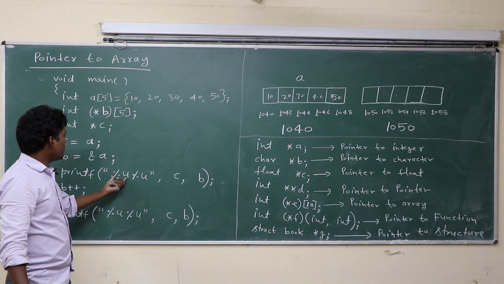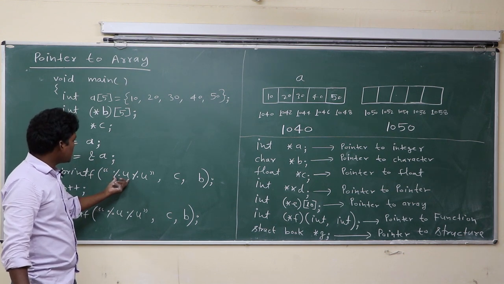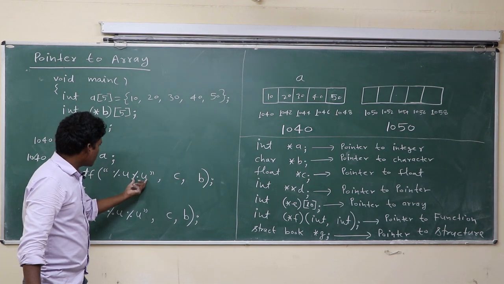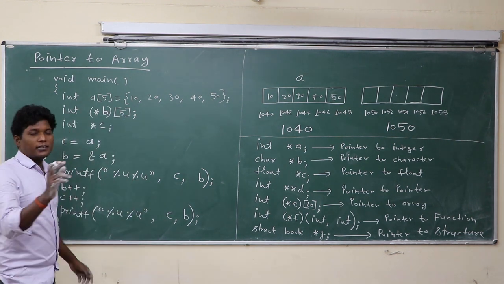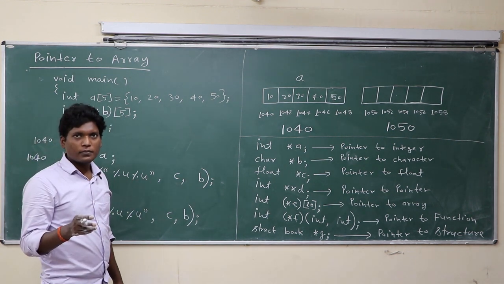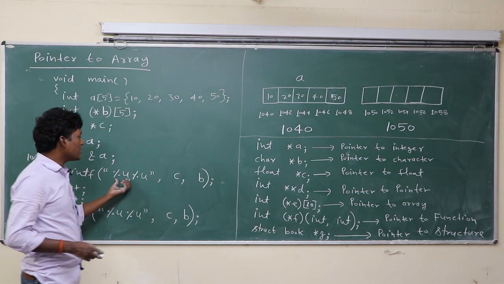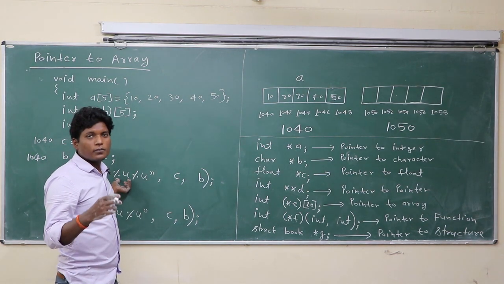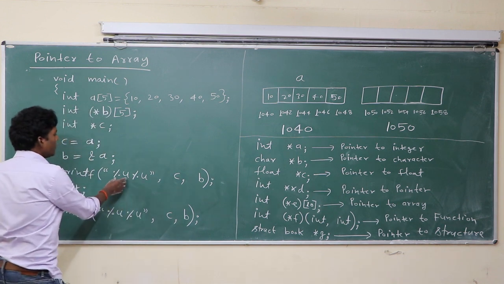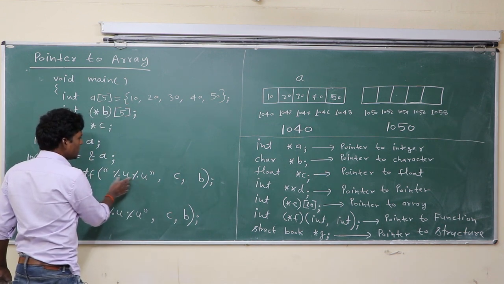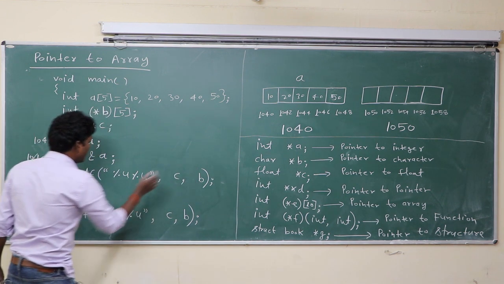So %u prints the unsigned decimal number system, and an address is an unsigned decimal number. That's why we apply %u to print the address.